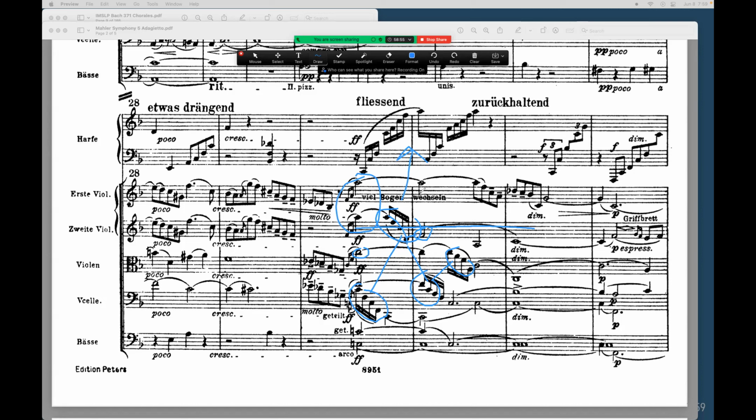This passage would not be possible if Mahler didn't divide his strings. It just wouldn't work. Another little detail that I'll point out is that the double basses start out on this high C and then get doubled. They meet up with the second cellos over here.